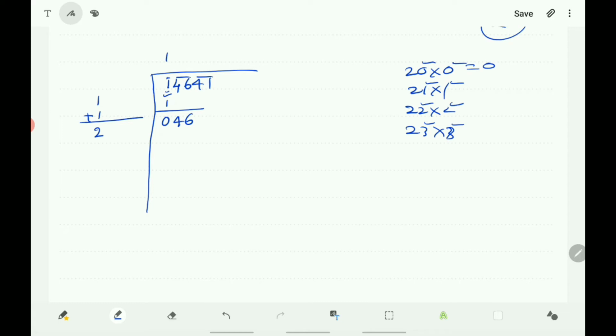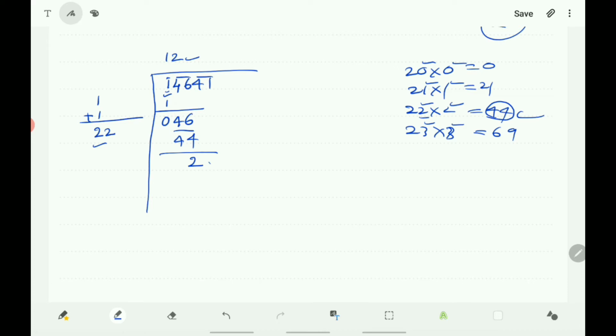So you know that it is 0, it is 21, it is 44, it is 69. Here you need 46, and the nearest one is 44. So you put 2 here, 22 into 2 is 44. 46 minus 44 is 2.